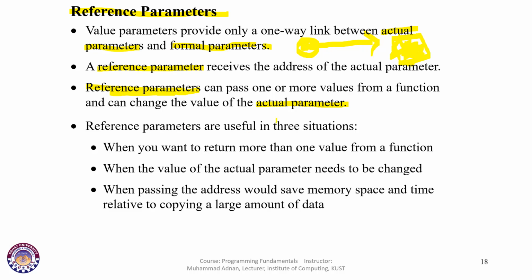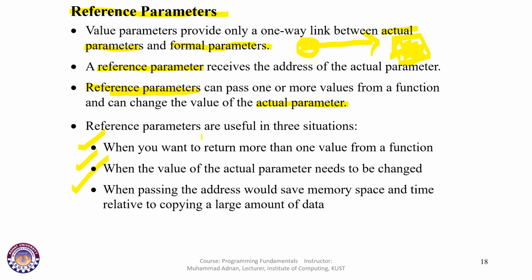Reference parameters are useful in three situations: when you want to return more than one value from a function, when the value of an actual parameter needs to be changed, and when passing the address would save memory space and time relative to copying a large amount of data. So these are the three situations where you can use a reference parameter.